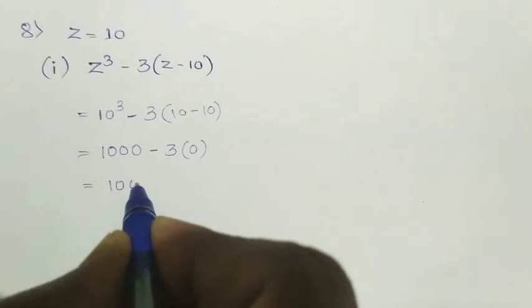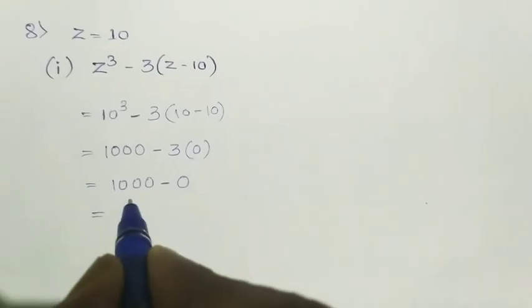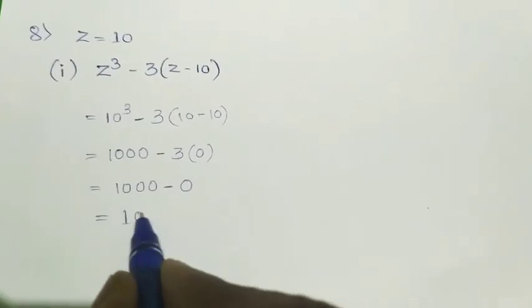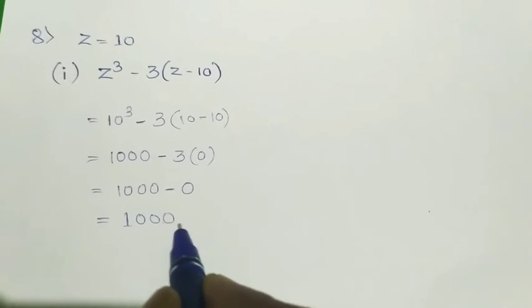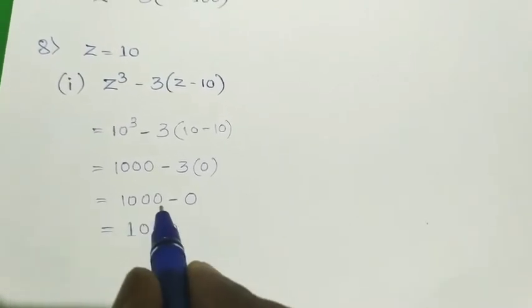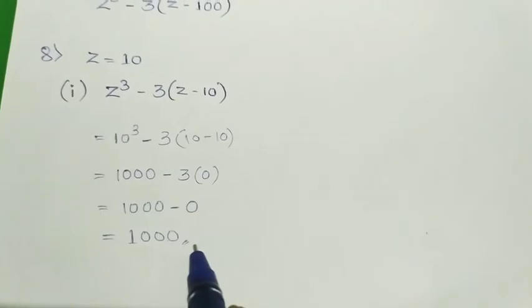So 1000 minus 3 into 0 is 0. So 1000 minus 0, we get 1000 only, because 0 has no value. If you subtract 0 from any number, you get the same number. So our answer will be 1000.